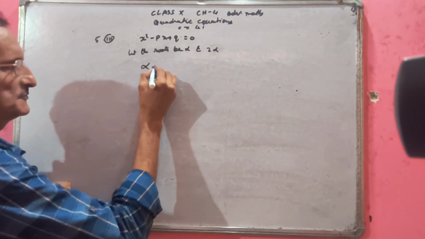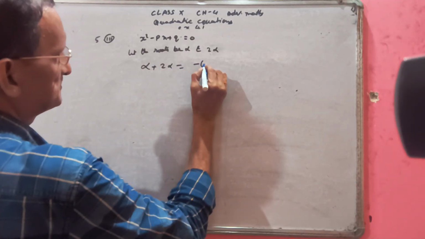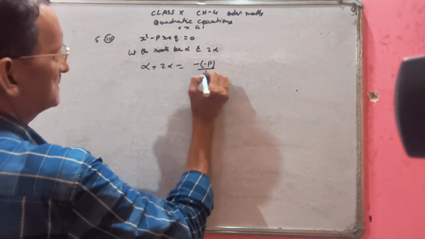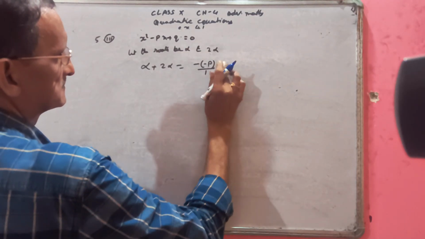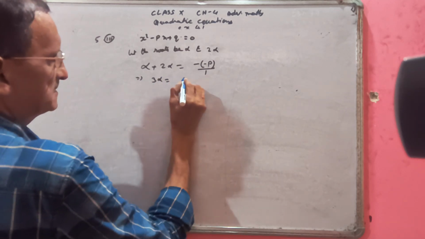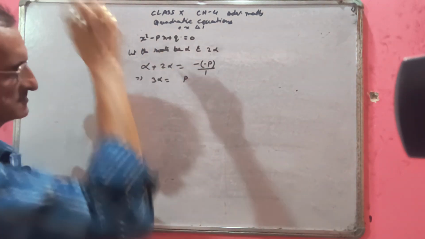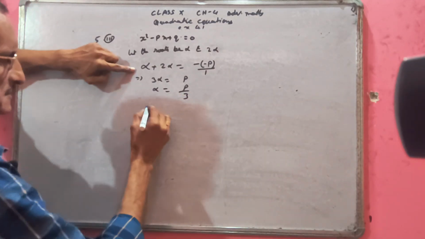To find the sum of roots, alpha plus twice alpha is minus b by a, which is p. So here you write 3 alpha equal to p. So alpha is equal to p by 3. Now find the product of roots.